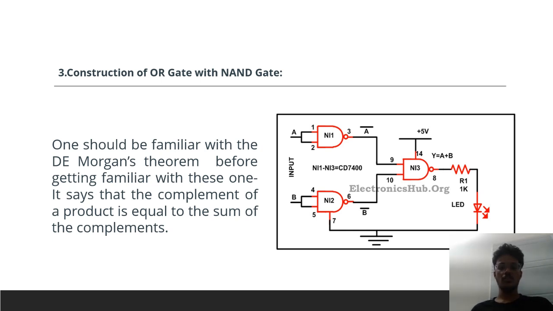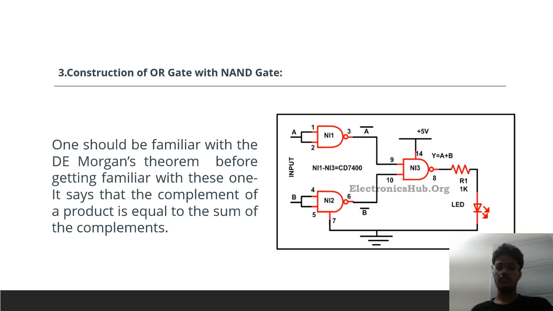Finally, construction of OR gate with the NAND gate. How to construct the OR gate with NAND gate? One should be familiar with De Morgan's theorem. It says the complement of the product is equal to the sum of the complements. Here I am giving A as 1 and 2. The output will be 3, nothing but A complement.